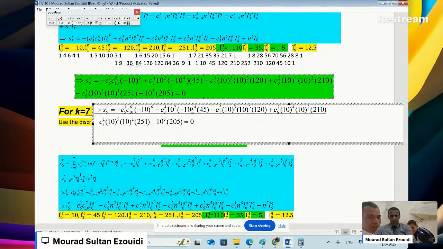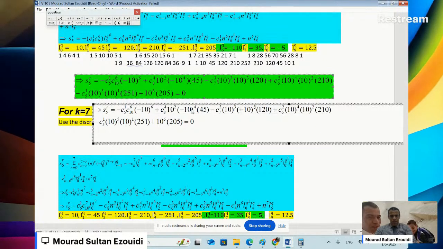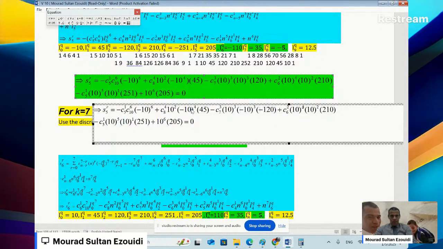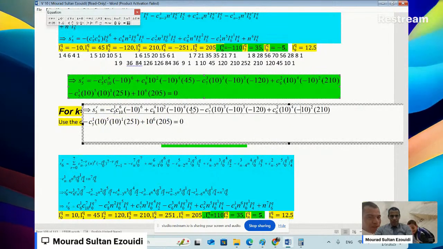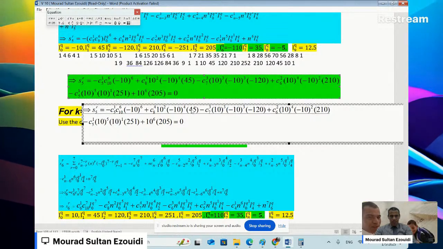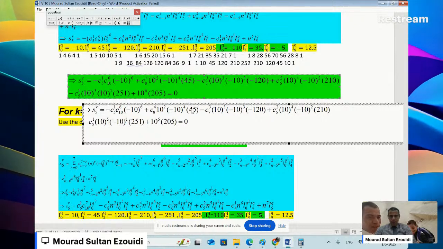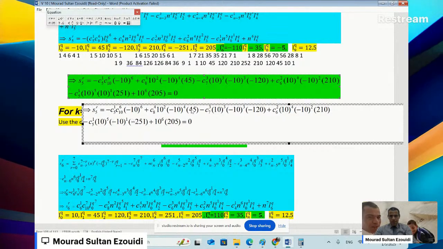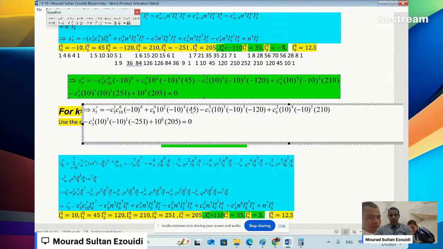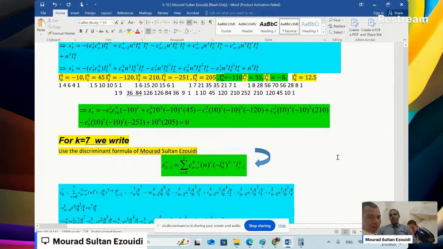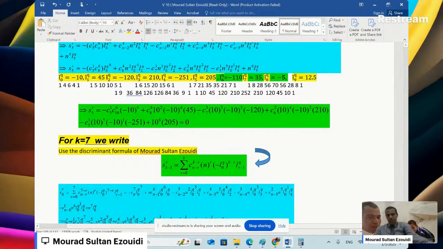This is minus 10. This is negative 120. Then we continue. L0 is negative 10, that's why I put the negative sign. 210 is in 3, positive. Then minus, this is negative 10 raised to the power 1 because L0 is negative 10. 251 is negative, with negative, and 205 is positive. So you can use a calculator, my kids, and you'll figure out the value of this is going to be equal to zero.